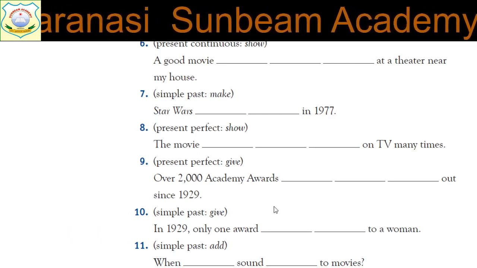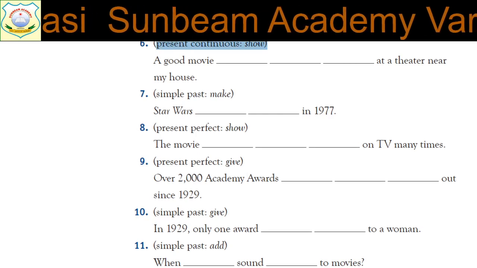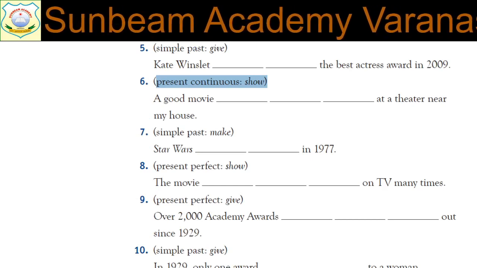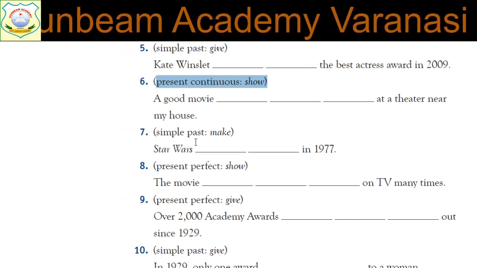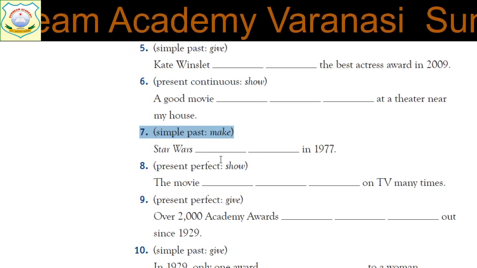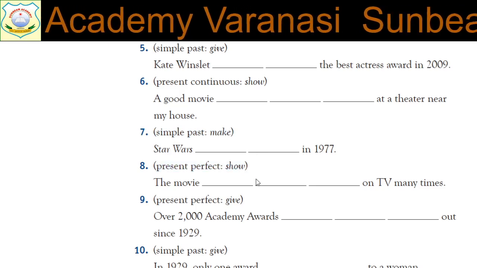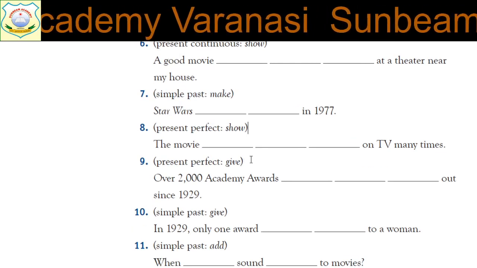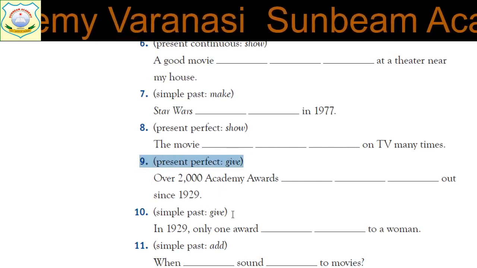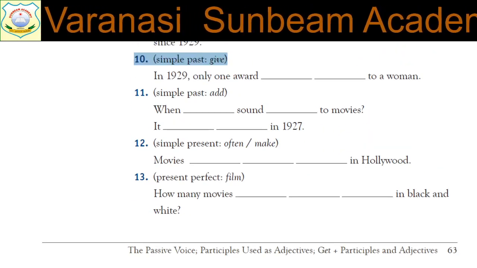The sixth answer is being shown. The seventh answer is was made. The eighth answer is has been shown. The main verb will always be in third form. And ninth is has been given. Tenth is was given. And these three will be done by you.